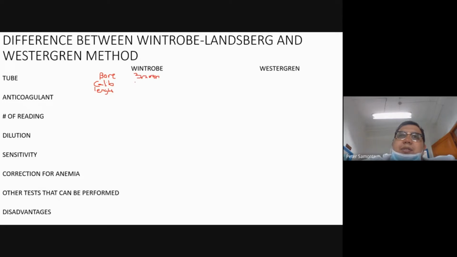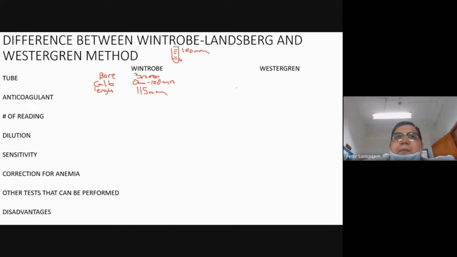Ang calibration niya, yung mga markings. So imagine this would be the tube. It usually starts at 0, then it would end at 100 millimeter. Then yung length or yung haba ng tube is 115 millimeter.